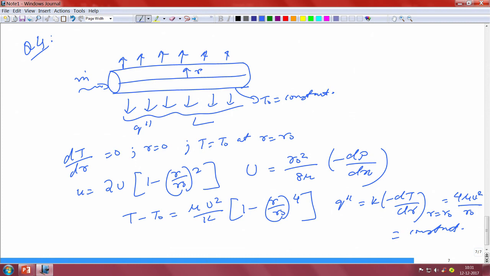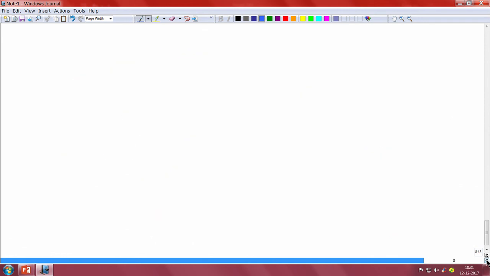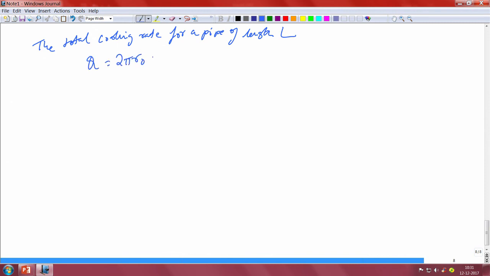So, the total cooling rate for a pipe of length L is Q equal to 2 pi r naught L q double prime, which is 8 pi L mu U square.